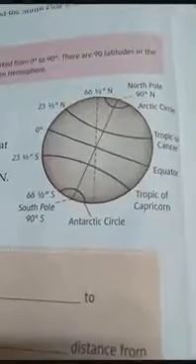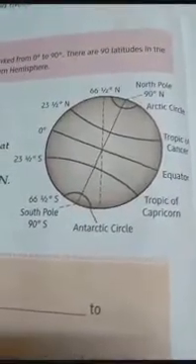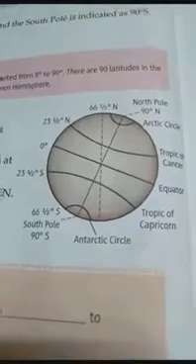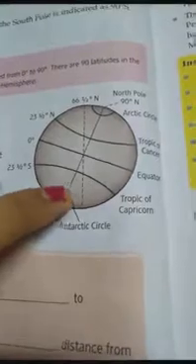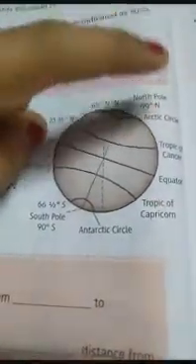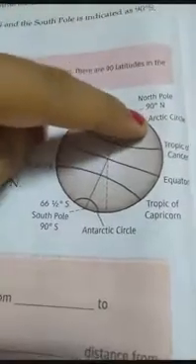Now we'll learn more about important latitudes and longitudes through our course book. Now students, you can see some lines here as we discussed. You can see the Antarctic Circle, which is at 66 and a half degrees south, given here, and 66 and a half degrees north, which is known as the Arctic Circle.